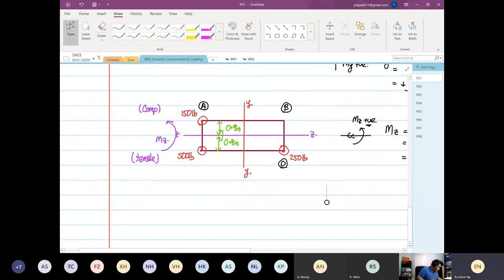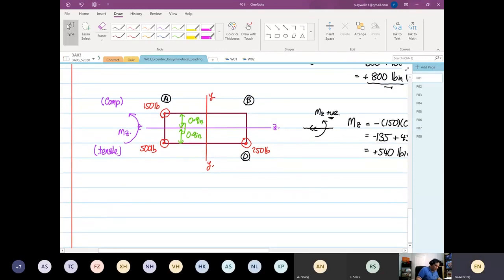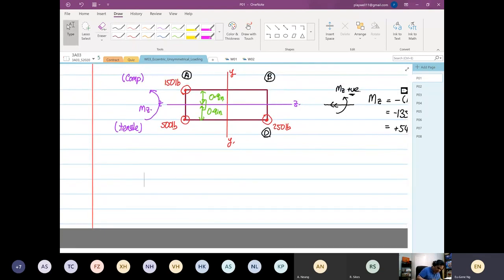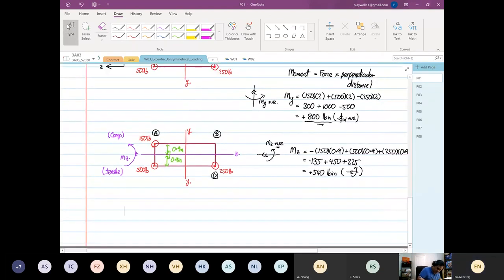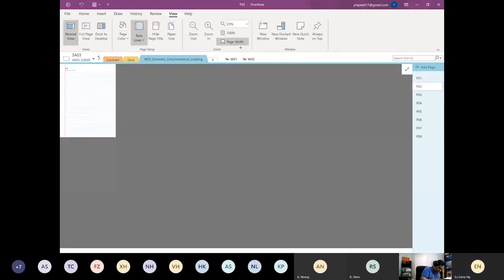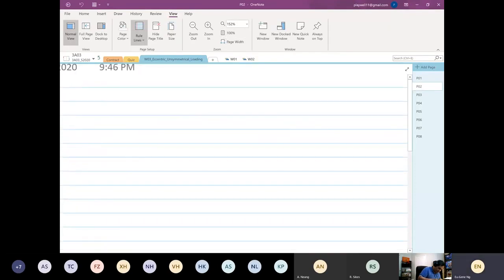Right. Before we do that, we also need to calculate our second moment of area. All right, so second moment of area. So we're going to calculate, I'm going to use a new page. So we're going to calculate second moment of area.